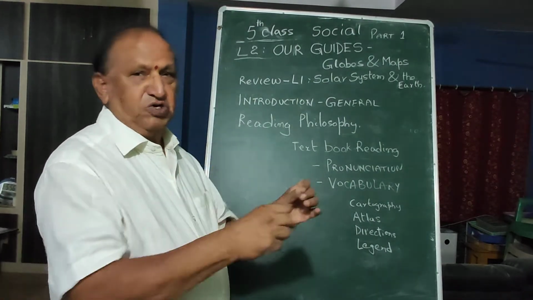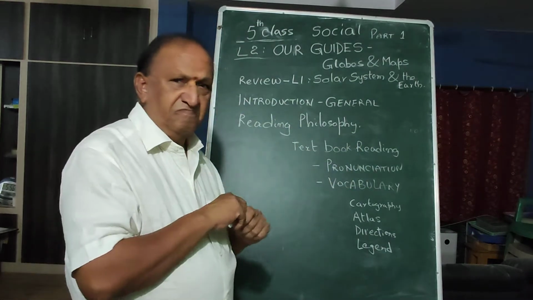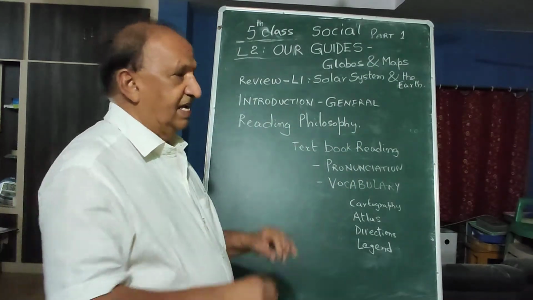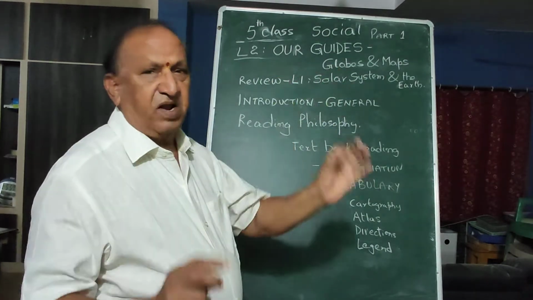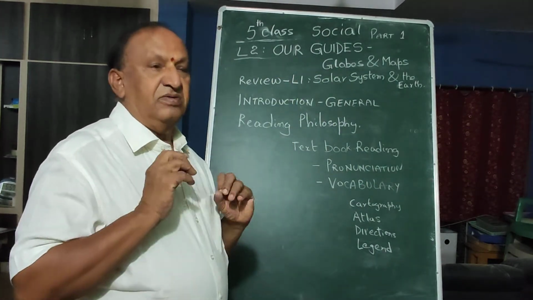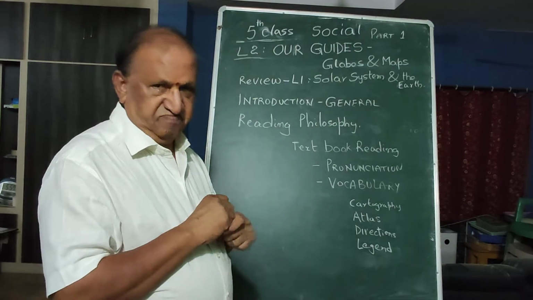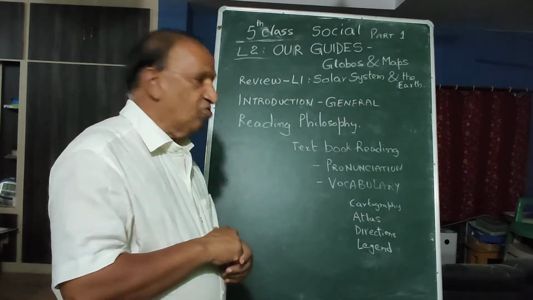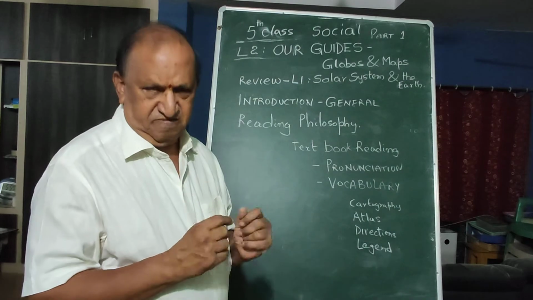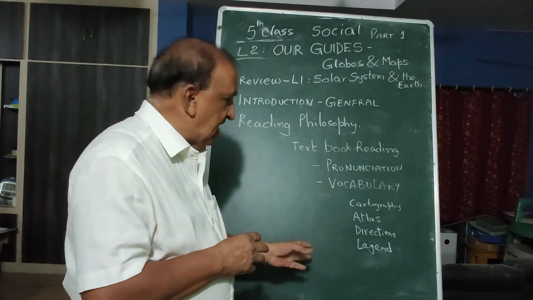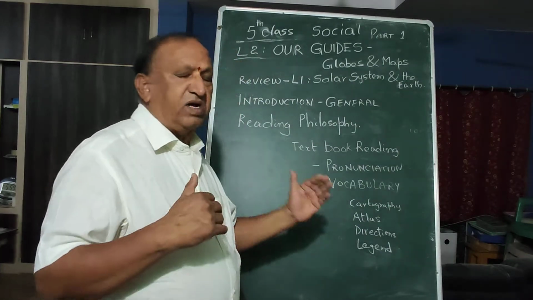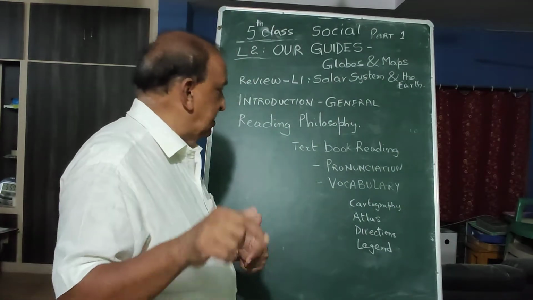Similarly, if you want to show a pucca road, a railway track, or an airplane route, all these have some symbols. Those symbols, you call it a legend. So we will know about all these things while reading the lesson.